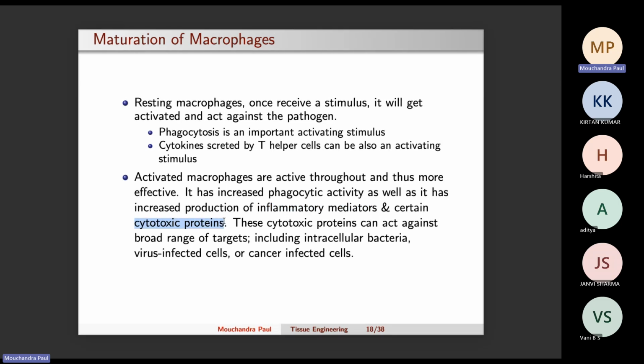These cytotoxic proteins are basically those targeted to kill certain bacteria, virus-infected cells, or even cancer cells. There are certain types of cancers which can come from viruses like retroviruses. In that case, our immune system will initially try to fight it, and these activated macrophages will try to fight.